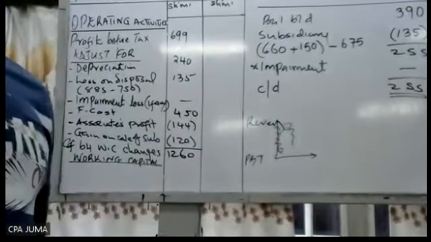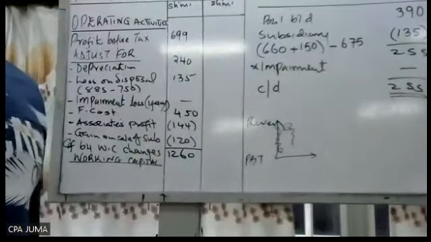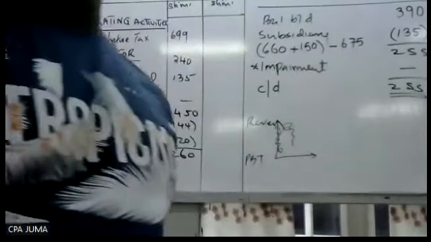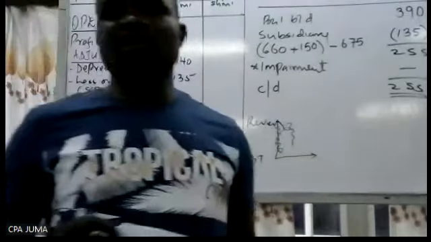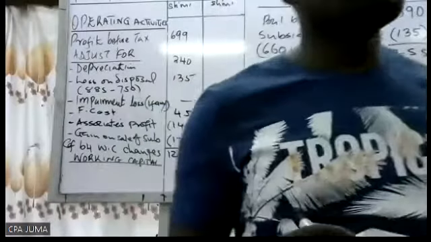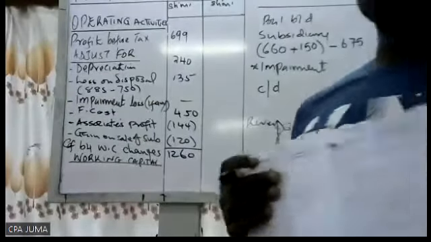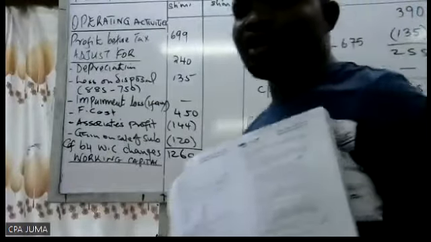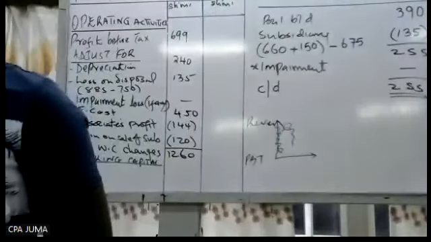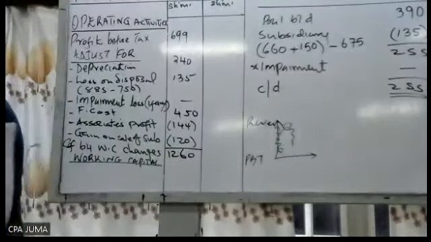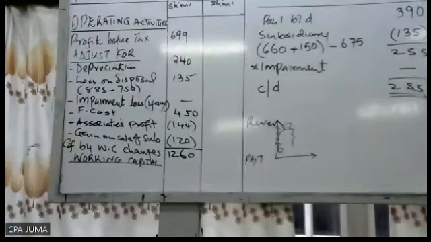So give me the answers. Inventory, have you recorded an increase or a decrease? Increase of how much? 900. Anybody not getting 900? Online, anyone who is not having 900?